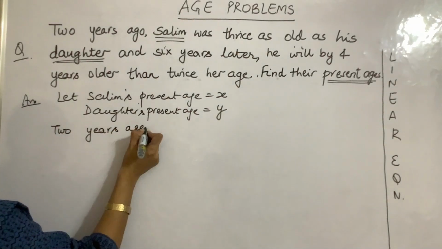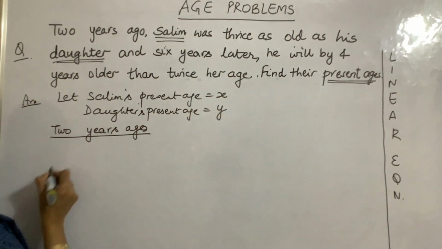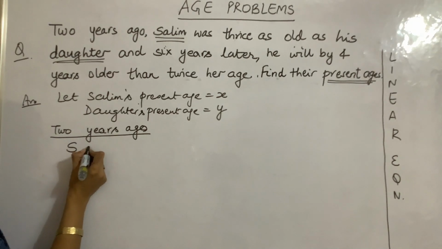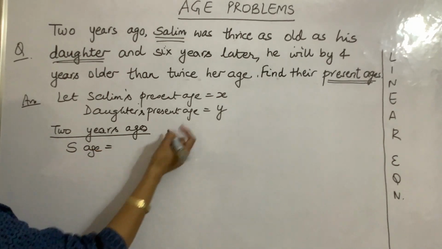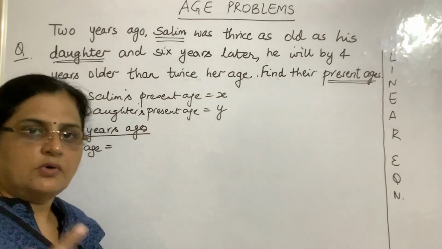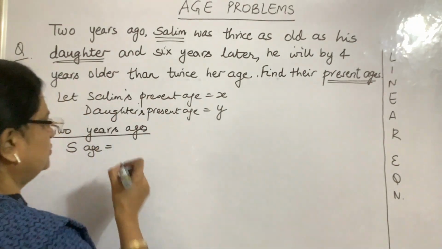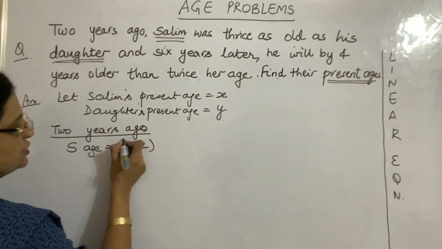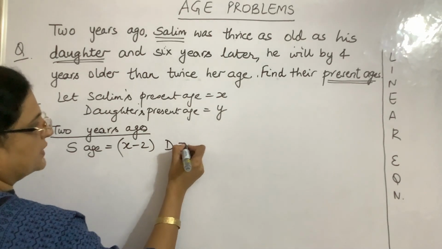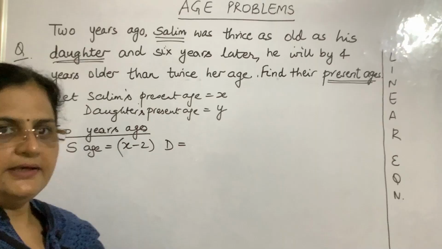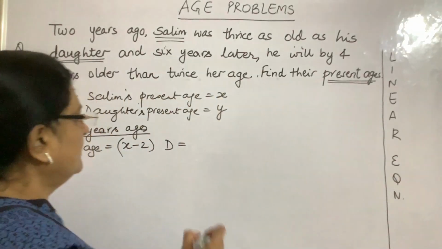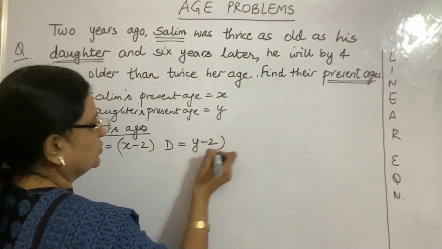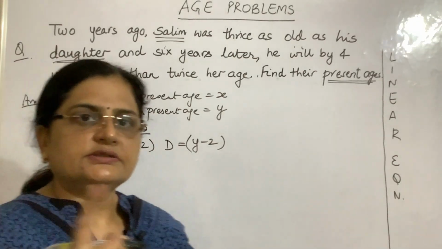What was the story? 2 years ago, Salim's age was how much? It is x now. What was his age 2 years ago? So it will be x minus 2 years. And what about the daughter? If it is y now, it will be y minus 2, 2 years ago.